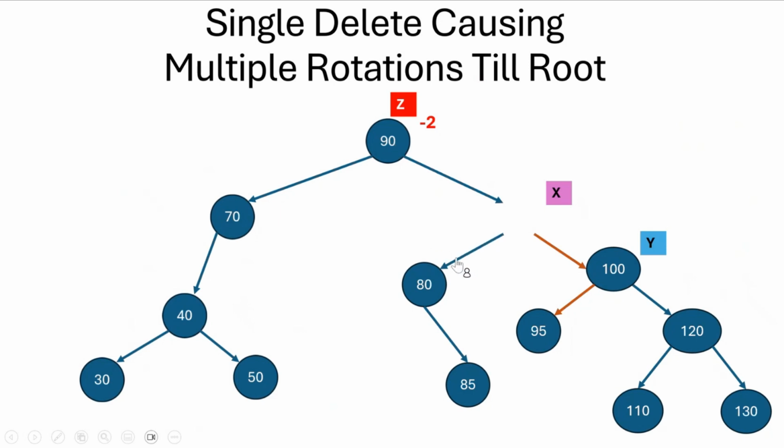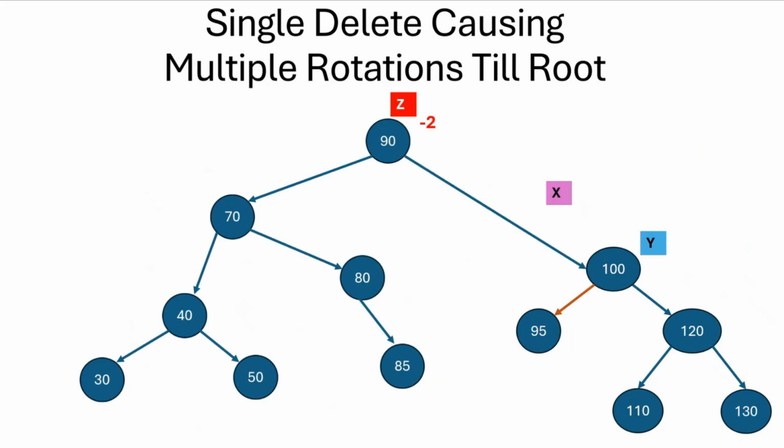If it had any previous left child, it becomes the right child of the previous root. Right? This is how the standard left rotation works. So we did right rotation at basically previous 100, and then we did the left rotation at 70. So now if you see, the tree became balanced again. Right? 3 minus 3, 0.